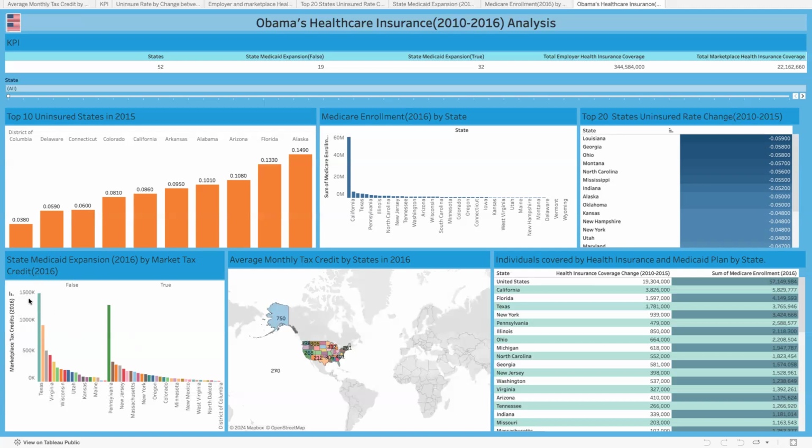This visualization shows how it affected states that adopted the program and states that did not adopt the program. The first are those that did not adopt the program, and the other is for the states that adopted it. In states that did not expand Medicaid, many low-income individuals are stuck without coverage, as they fall into the gap between Medicaid eligibility and qualification for tax credits.